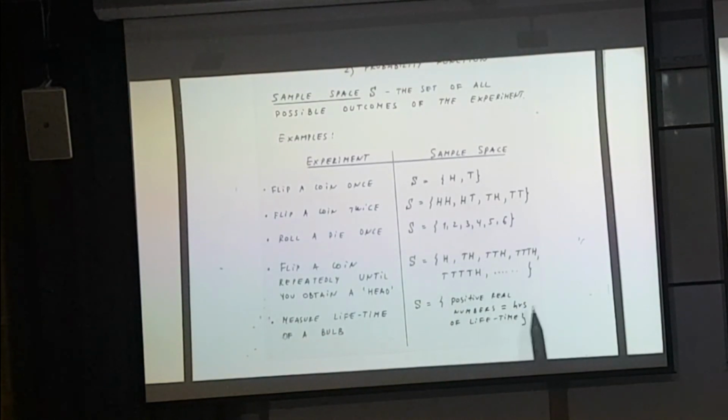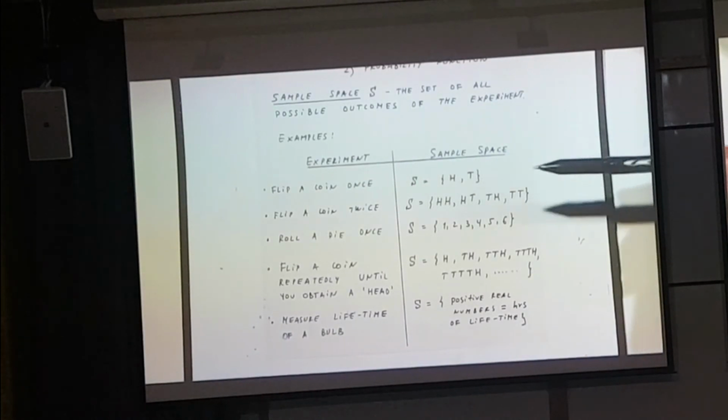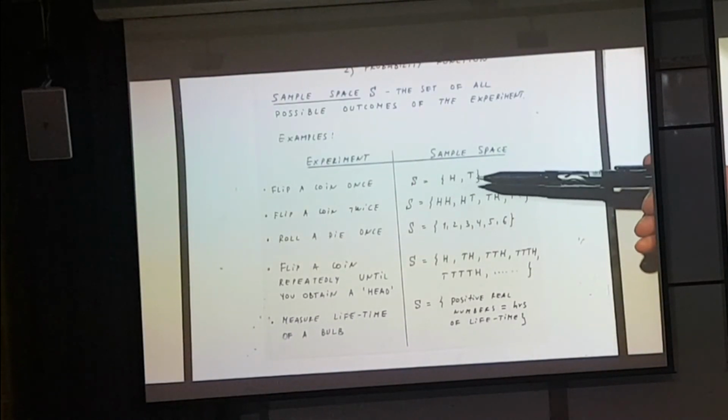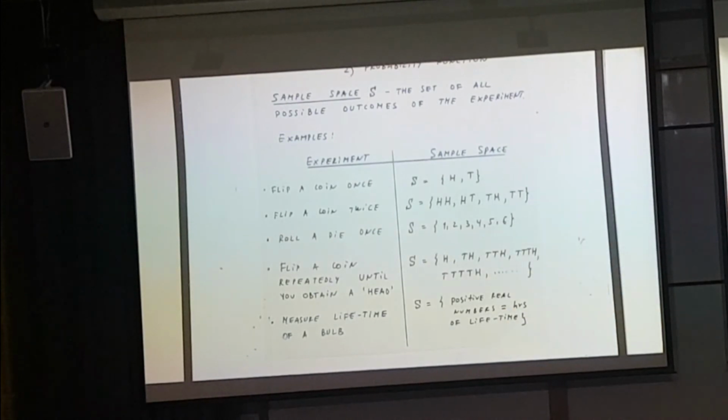And these real numbers represent the hours of lifetime. So this is a continuum sample space here. So in this course, we'll be mostly focusing, well, pretty much we will do only the situations with finitely many points in the sample space. But probability theory, in principle, goes beyond and tells you how to handle the other situations as well.